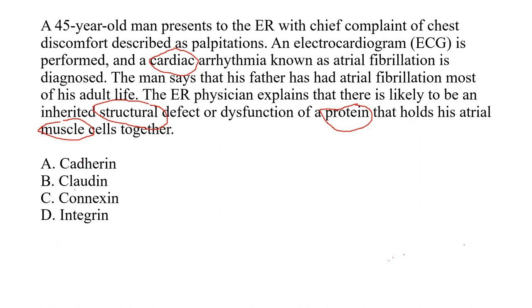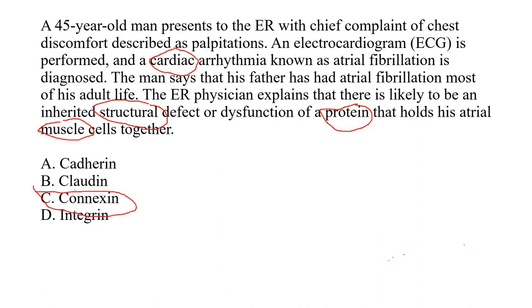And the intercalated disc is a representation of a gap junction through which ions move. Now let's go down to the answer options and see if one of these proteins is associated with a gap junction. Well, one sticks out to me as connexin, likely to be the correct answer.